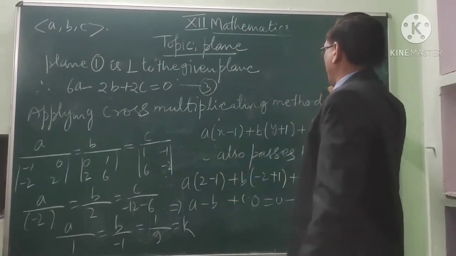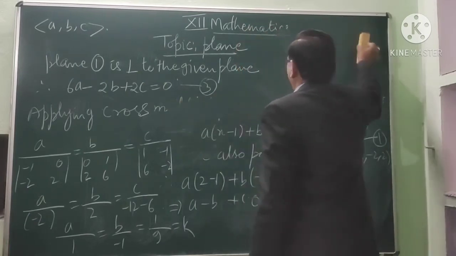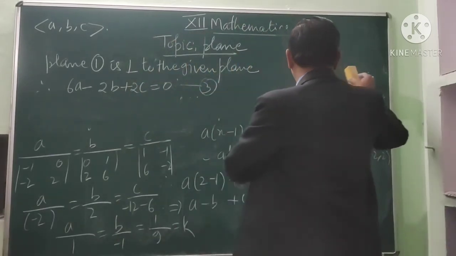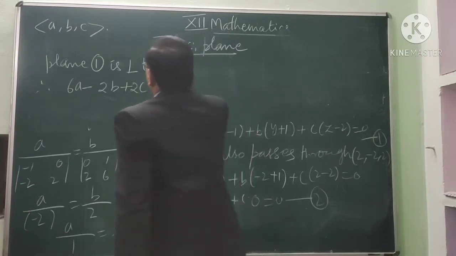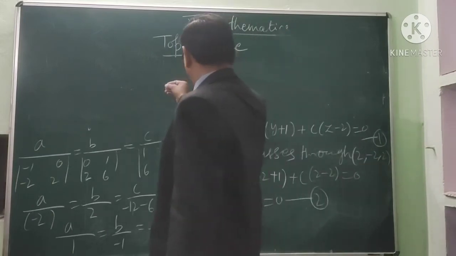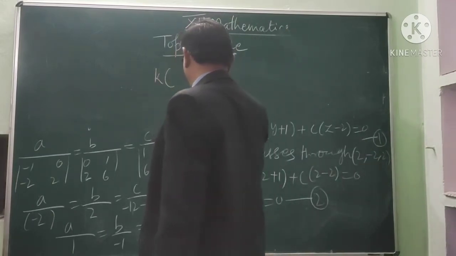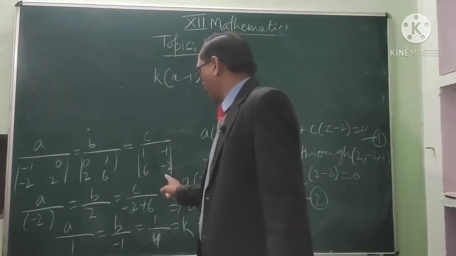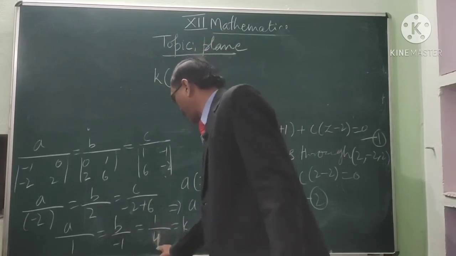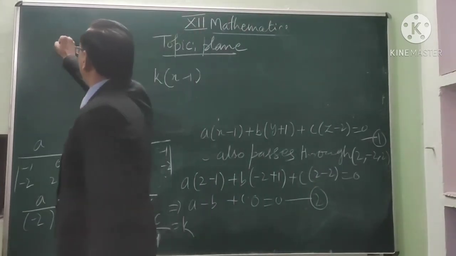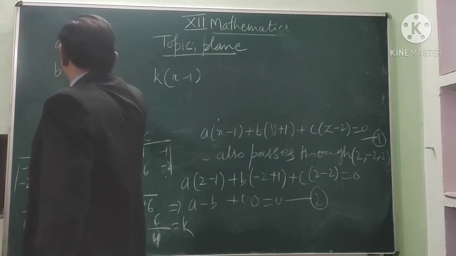Then putting the values of a, b, c in equation 1, we get a equal to k, b equal to -k and c equal to 2k.